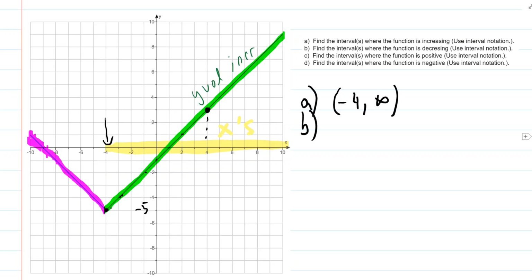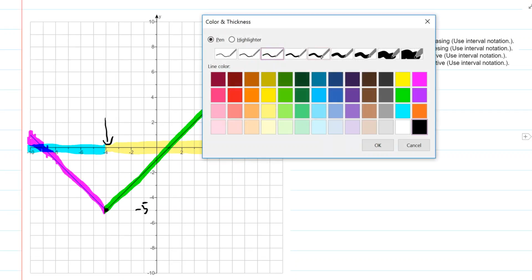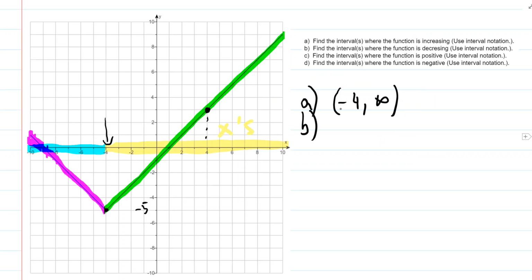So you're asked to find for what x values that happens. Well, we can see that it's for these x values. So from -infinity to -4, the y values are decreasing. So the answer: the function is decreasing from -infinity to -4.